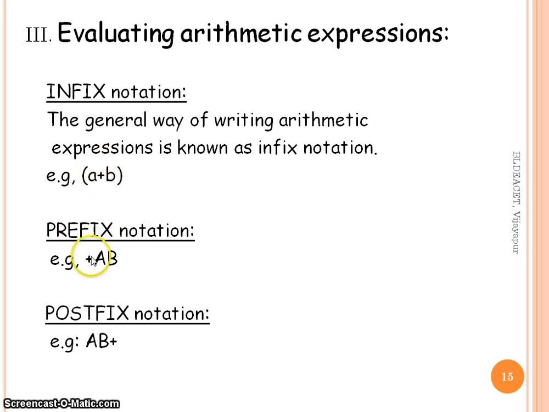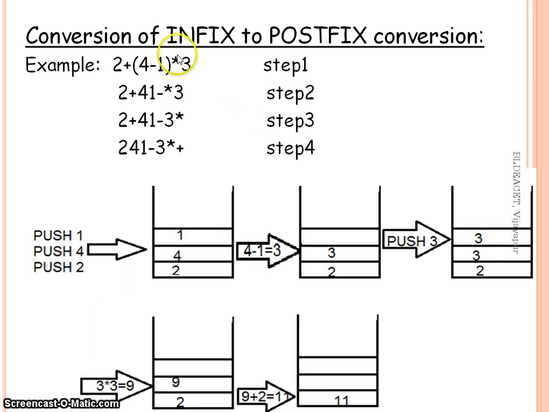Prefix is where the operator is always placed first, then come the operands: plus a b. Postfix is a b plus. We convert the infix expression to either postfix or prefix because it is easier for evaluation. So how do we convert an infix expression to a postfix expression?